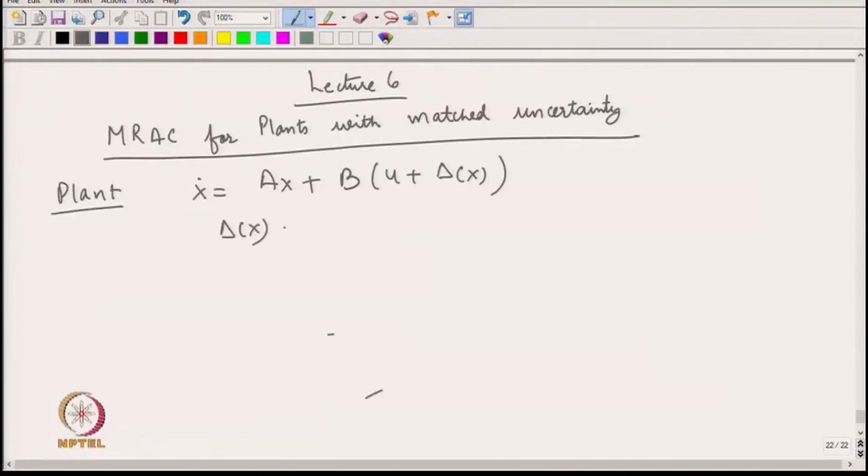So, it's a nonlinear function, uncertain. So, delta of x is not known. So, how do we design the controller u in this case?